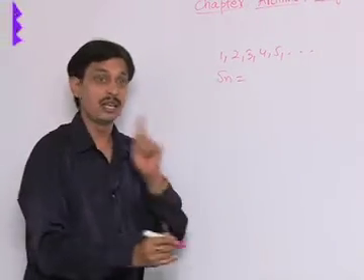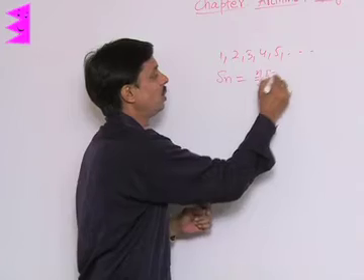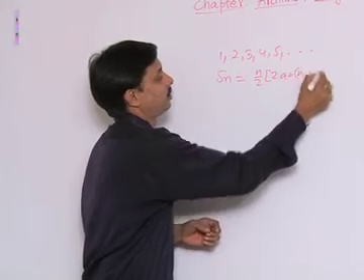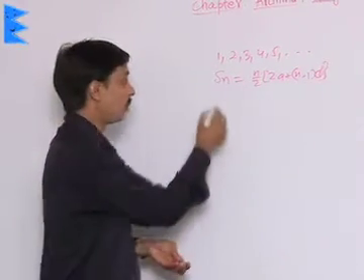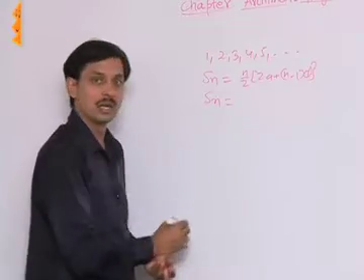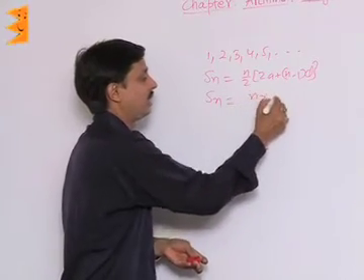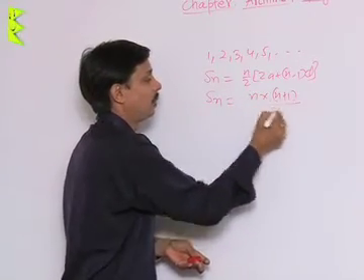Suppose somebody asks you the sum of the first 50 natural numbers. Sn is n by 2 into 2a plus (n minus 1) into d. For the first n natural numbers, the formula converts to n into (n plus 1) upon 2.